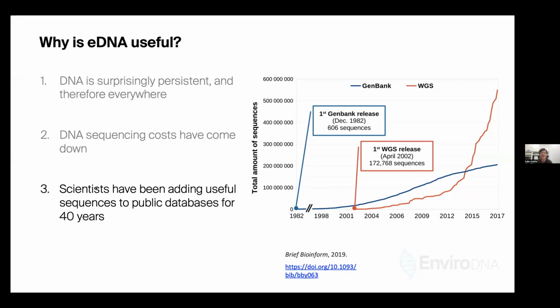You can do that without knowing what is in your sample to some extent. But certainly for this method that I'm going to talk about, and for most of the work we do, people are interested in knowing what is there. And that is increasingly possible as databases improve and we get a better handle on the diversity of life, at least the stuff that is easily accessible to us. That means large animals for the most part.